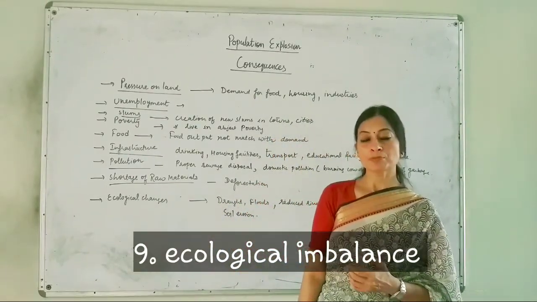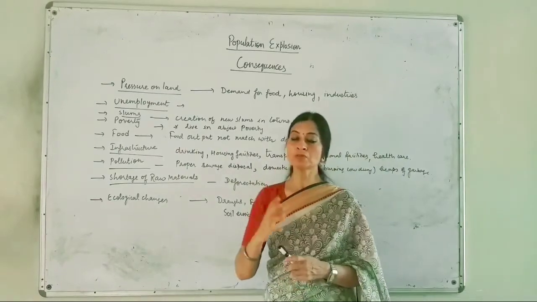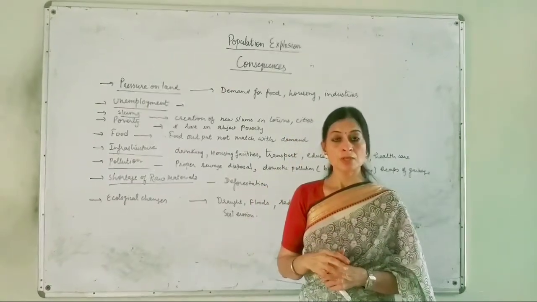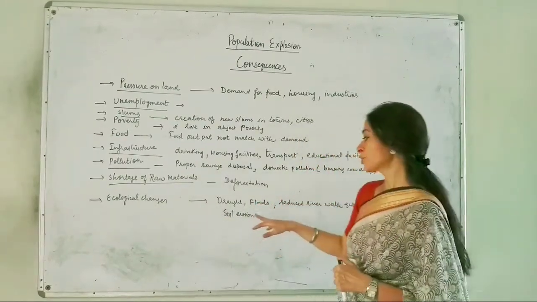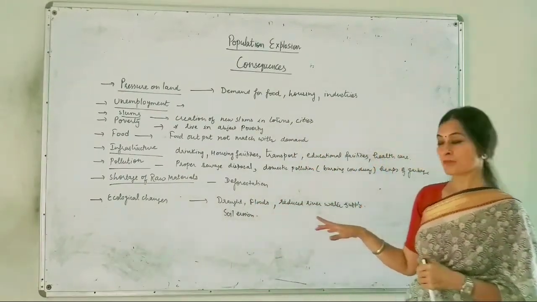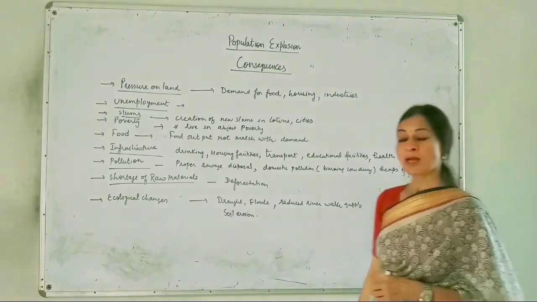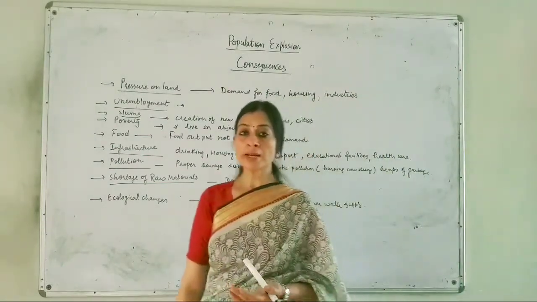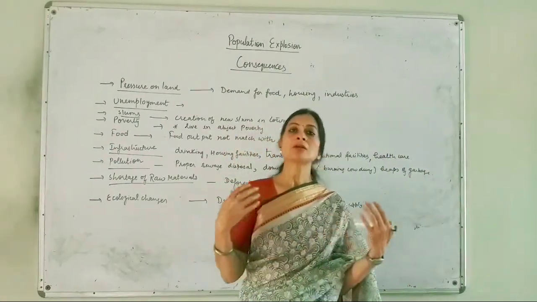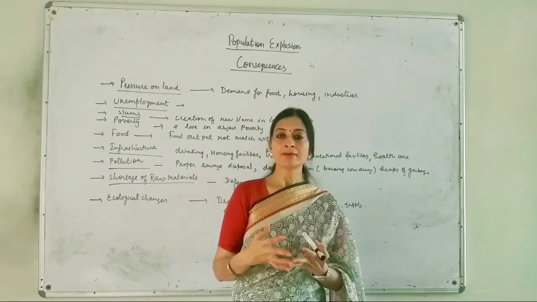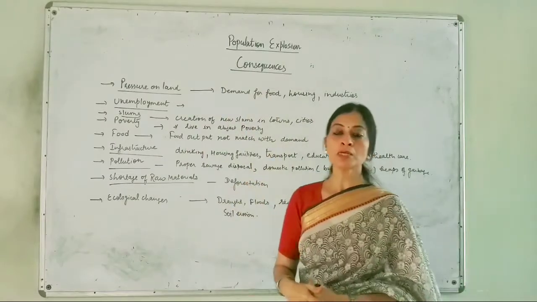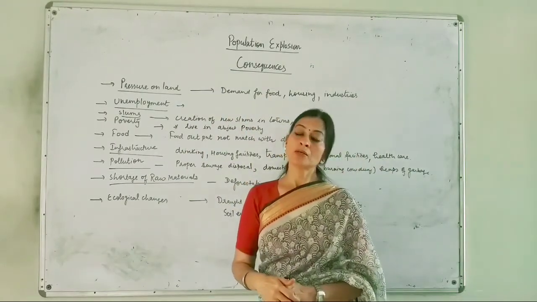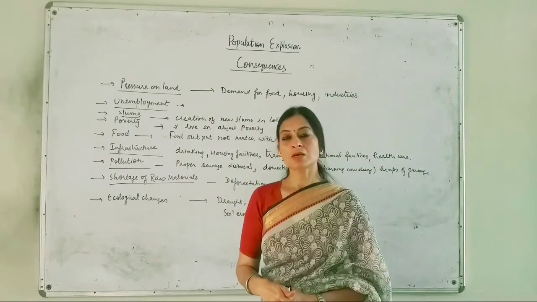And when we deforest, there is another major problem, the ecological problem. The balance of the ecosystem is not in proper position. The ecological changes like drought, floods, reduced river water supply, soil erosion, and major climatic changes that we are facing day by day are the result of population explosion only, because we are destroying the natural resources.